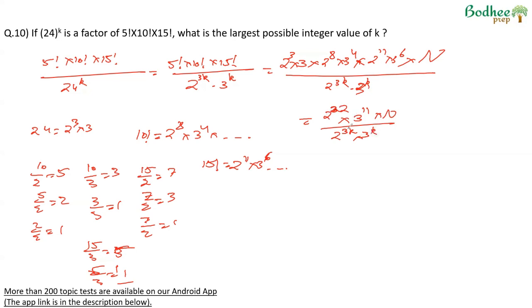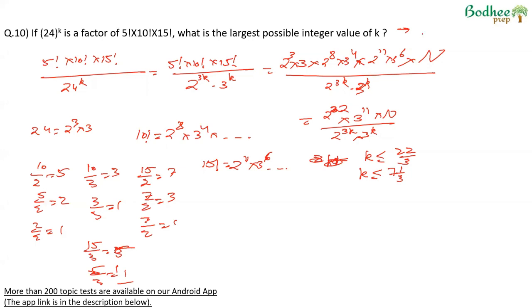Clearly, 22 dividing by 3k, the division can happen. So k has to be less than or equal to 22 by 3, so that 22 is divisible by 3k. So k has to be less than or equal to 7 and 1 by 3. Hence the maximum value that k can take is 7.